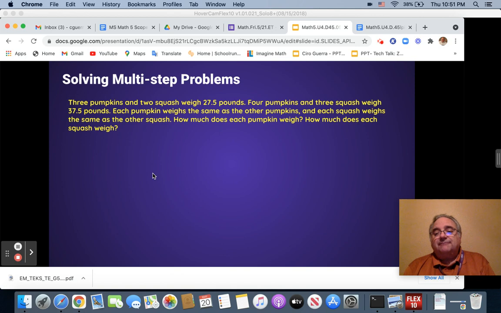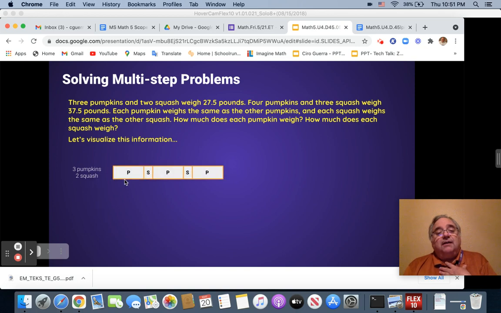So how are we going to do that? Mr. Get It is visual. So I'm going to draw my 3 pumpkins and 2 squashes here: a pumpkin, a squash, a pumpkin, a squash, and a pumpkin. That weighs 27.5 pounds. Now the next portion says I have 4 pumpkins and 3 squashes.